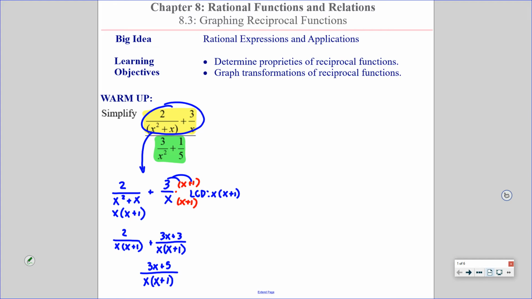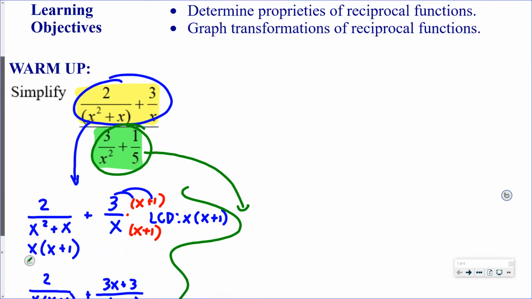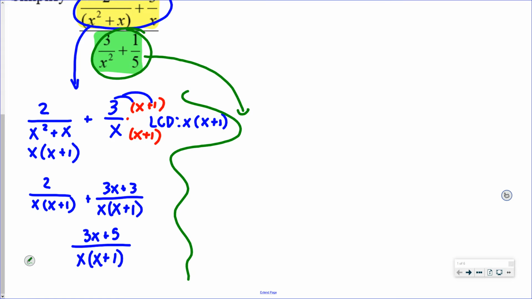All right, now I need to do the same thing with the denominator. So I kind of just do this. My denominator currently has the addition problem of 3 over x squared plus 1/5.